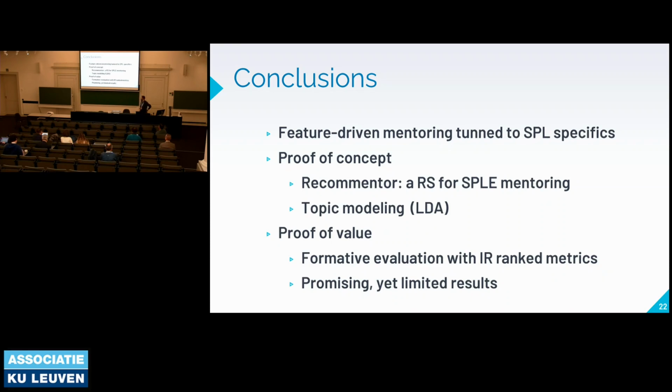We implemented the recommending system using topic modeling, and as a proof of value, we conducted a formative evaluation with 3 information retrieval ranked metrics. As I said, we think these are promising results, but yet very limited due to the fact that we didn't have access to real newcomers, and we used surrogate features as virtual newcomers.